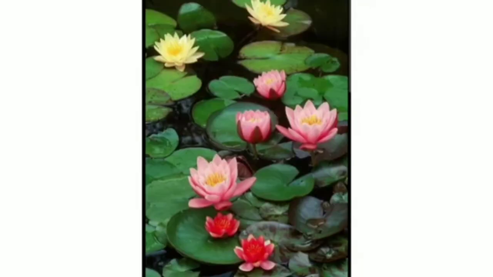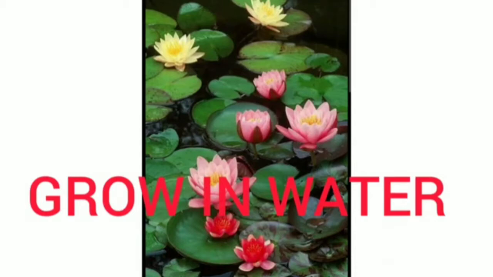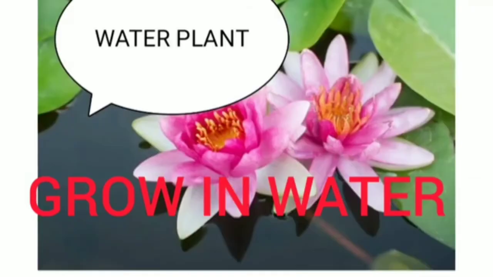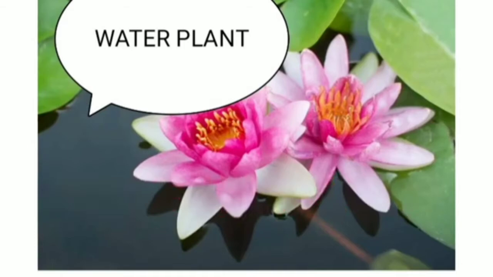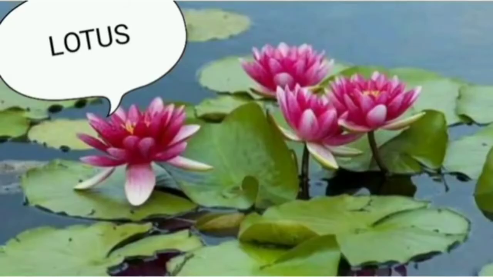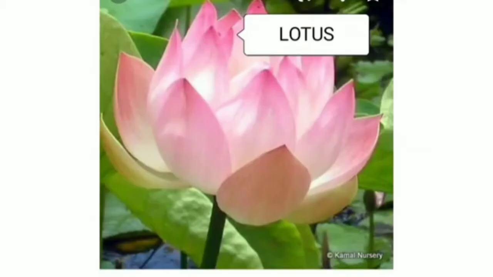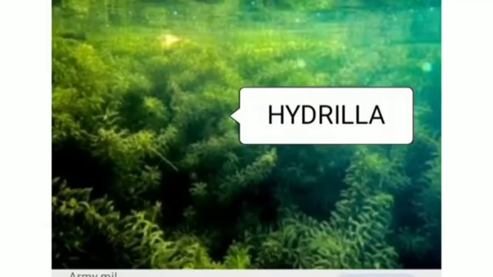Trees, shrubs, herbs, creepers and climbers live on land. But aquatic plants live in water. Examples are lotus, L-O-T-U-S, and hydrilla, H-Y-D-R-I-L-L-A. These are water plants.